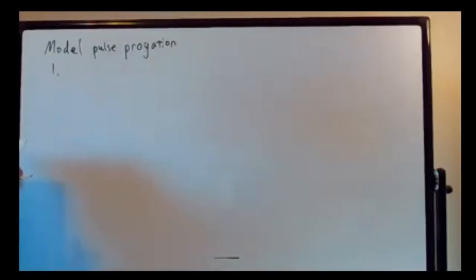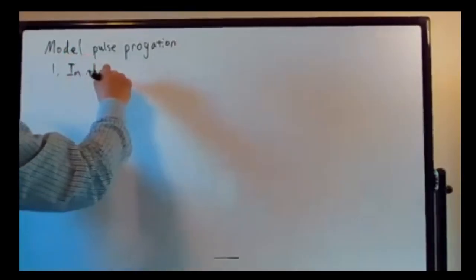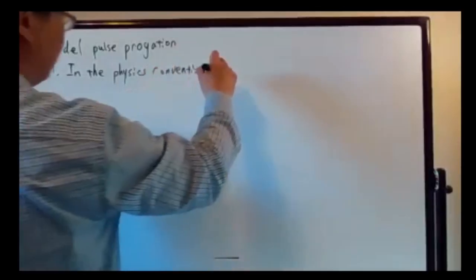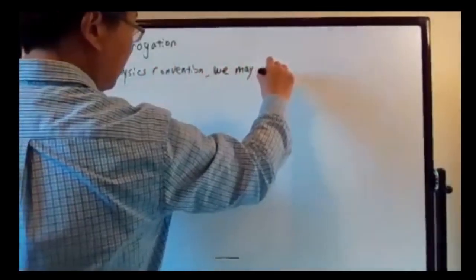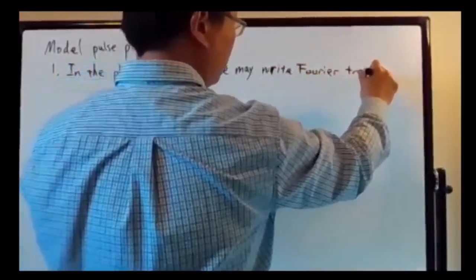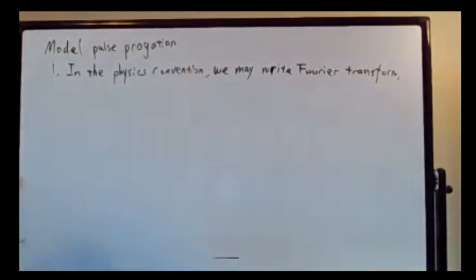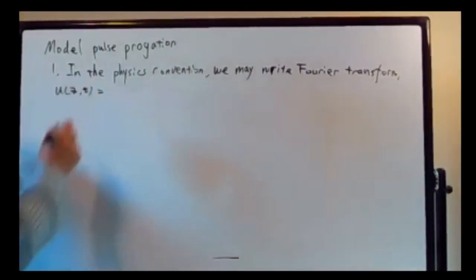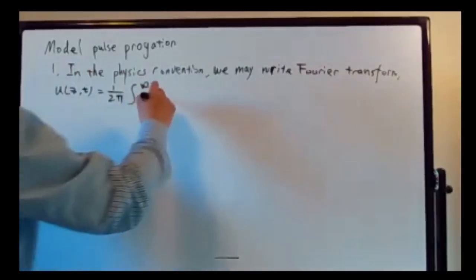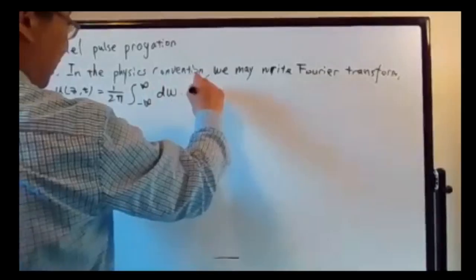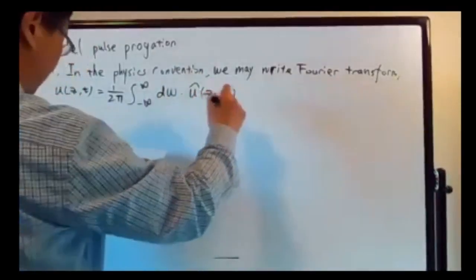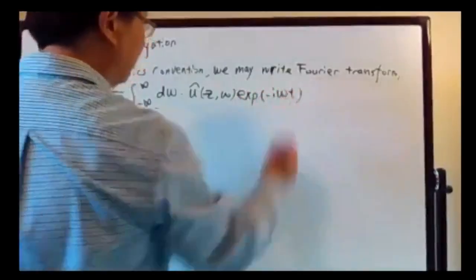First, in the physics convention, we may write the Fourier transform in this way: u(z,t) is 1/2π times the integral from negative infinity to infinity of dω û(z,ω) exponential negative iωt.